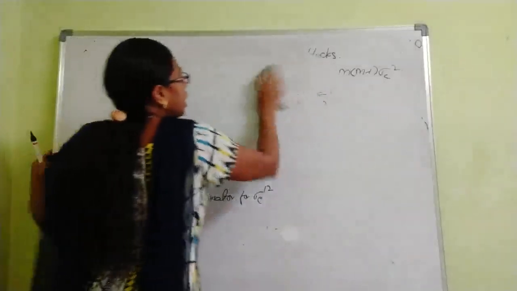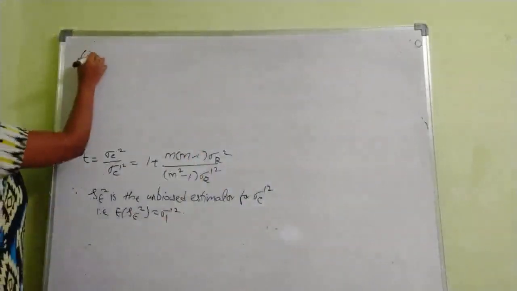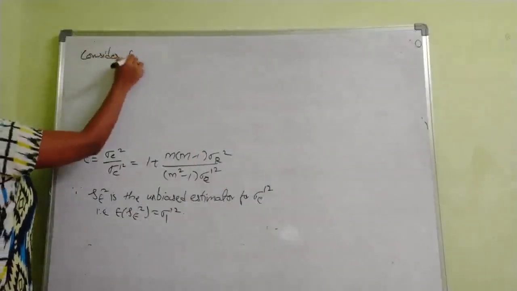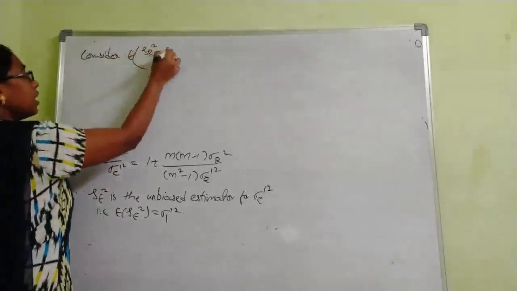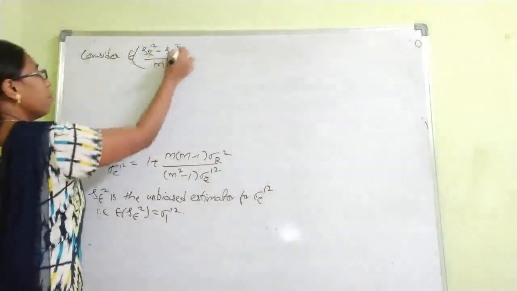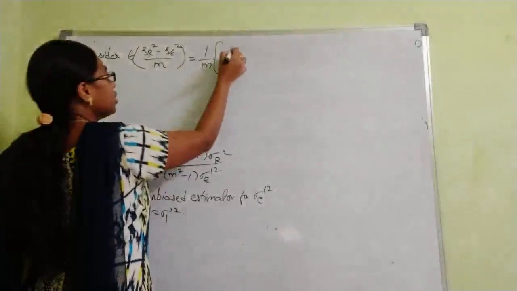If you did not listen in the last class, I will derive that once. Consider the expectation for rows: SR square minus SE square by m, which is equal to 1 by m times the expectation of SR square minus the expectation of SE square.